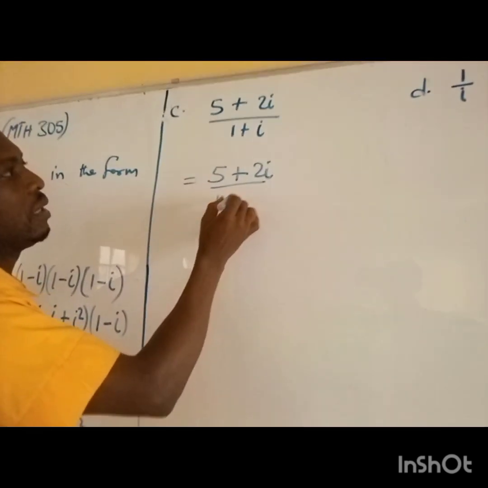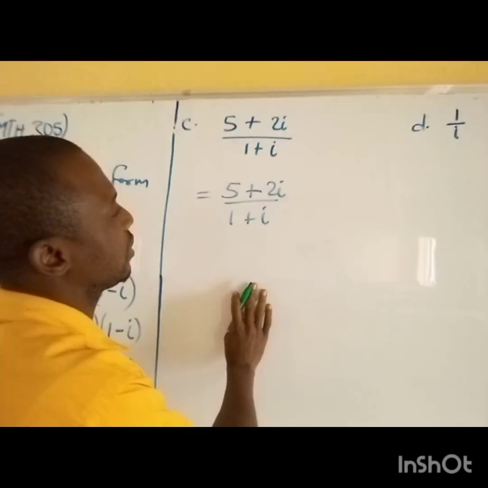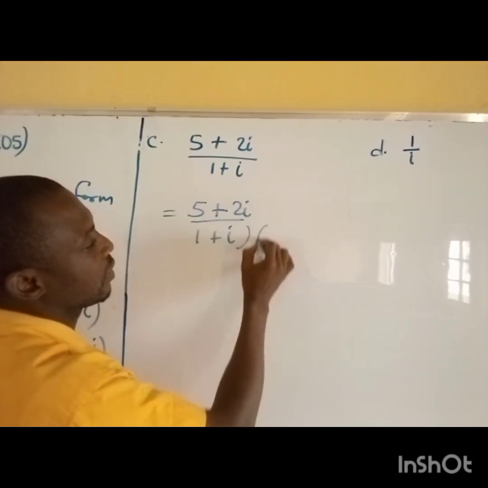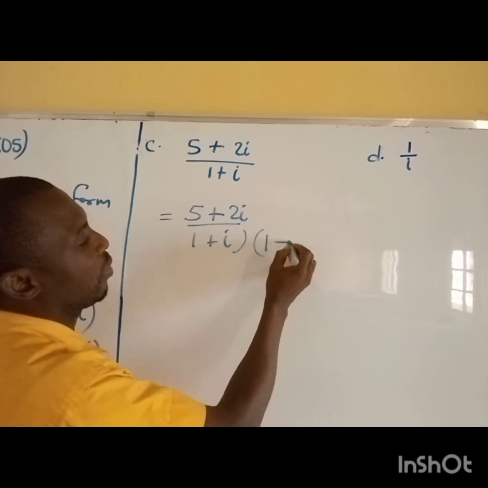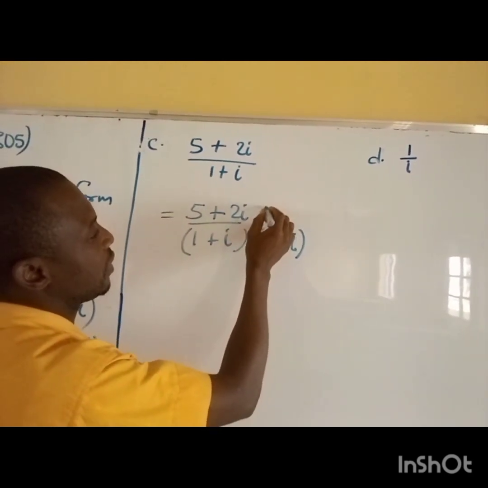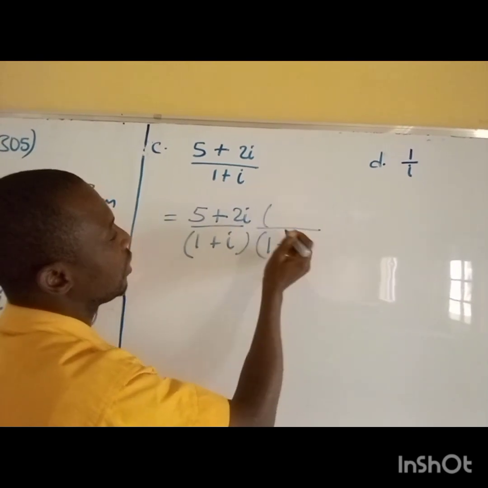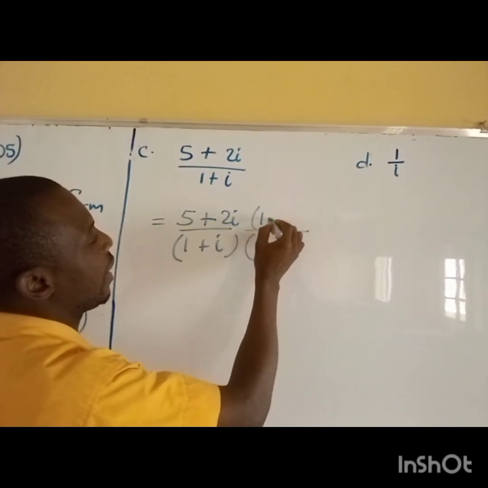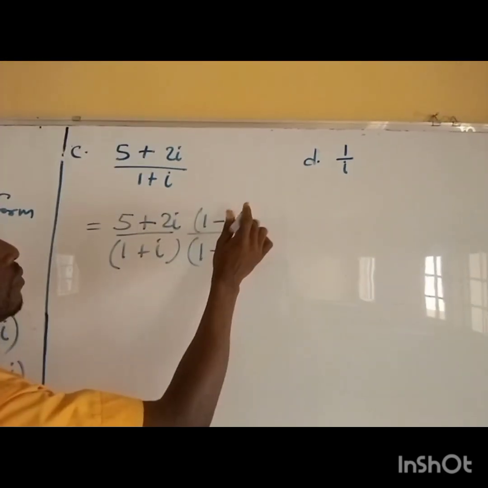So we have this, 1 plus i, times 1 minus i. We'll do the same thing to the numerator. So 1 minus i.